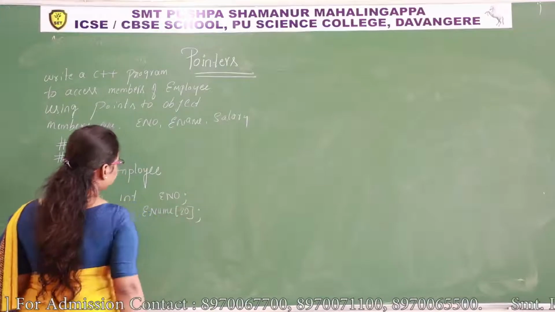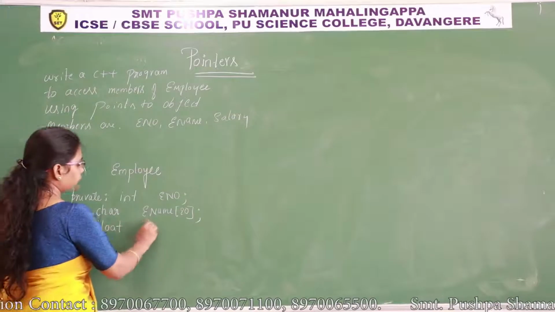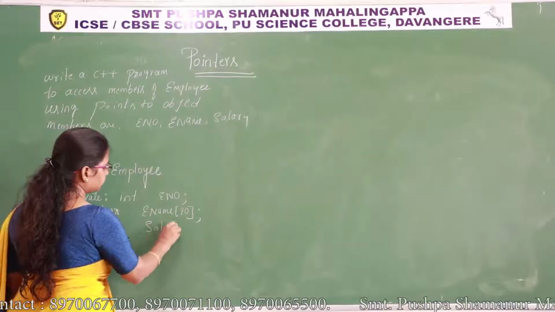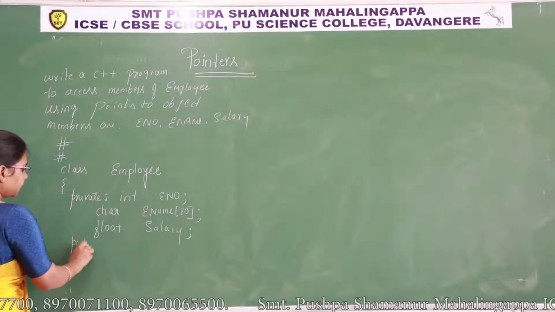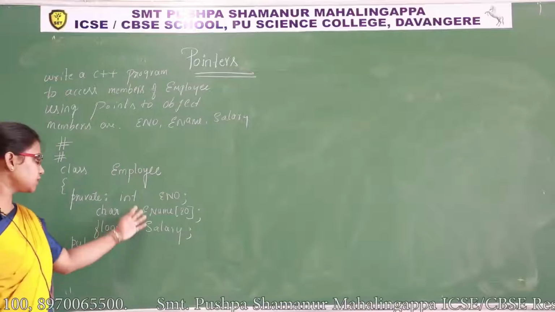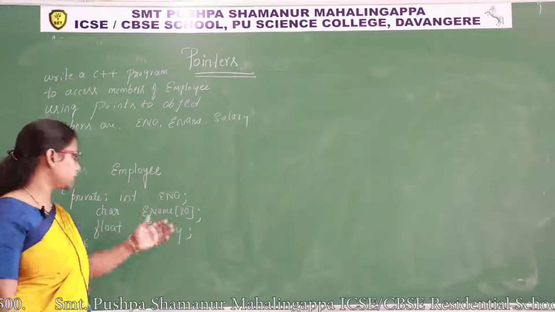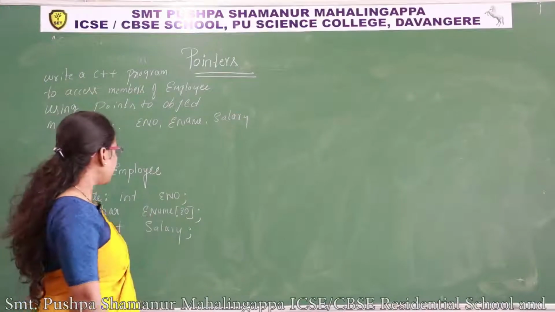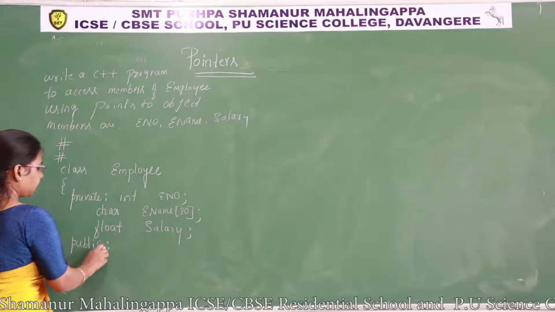Randomly I'll take size 20. And salary, let us take floating type, float salary. Now to access these members, what is the purpose of accessing them? Either to input a value or to display the contents of these members. To input the values for these data members, I must take a function here in the public section.